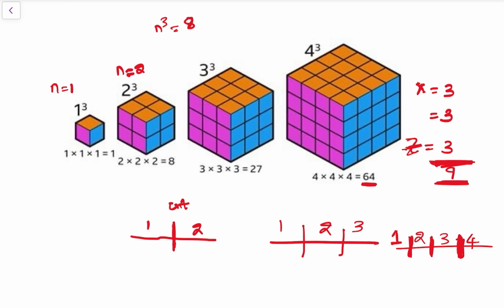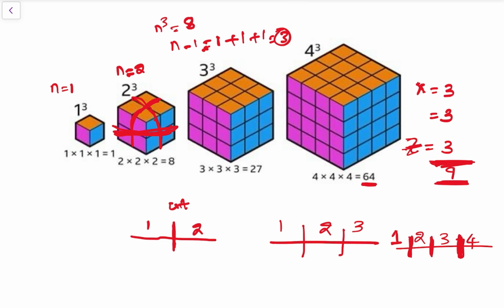So we need 8 identical cubes. We will make n minus 1 cuts on the x axis, so n minus 1 is 1. So we will make 1 cut on the x axis, then 1 cut on the y axis and 1 cut on the z axis. So total 1 plus 1 plus 1 is equal to 3 cuts, right?